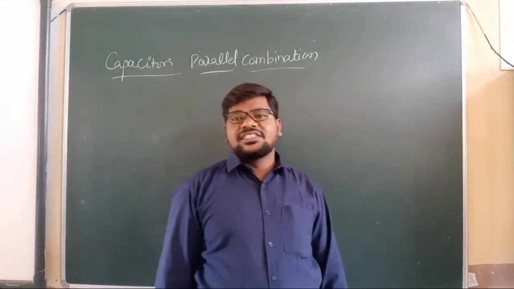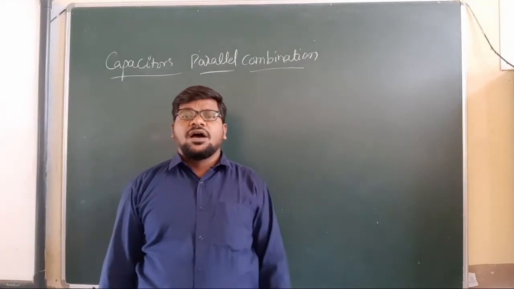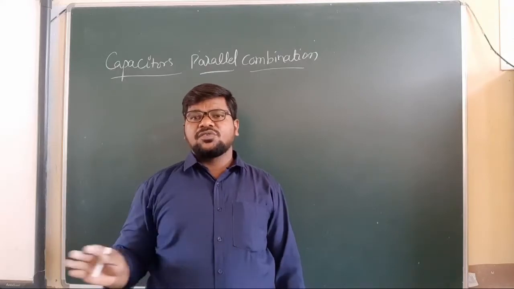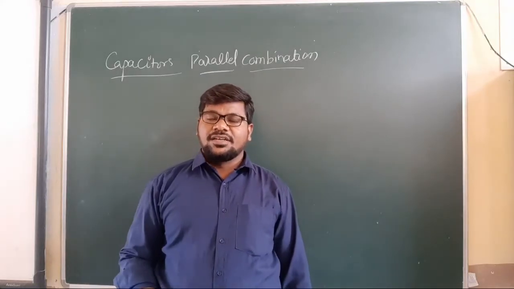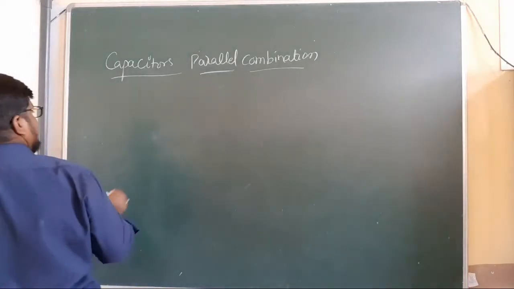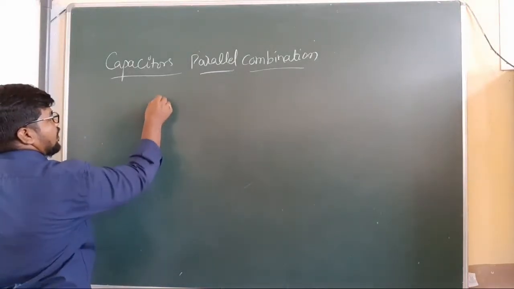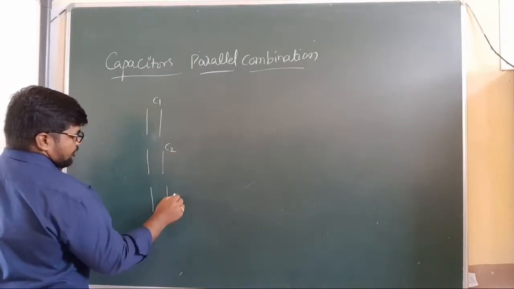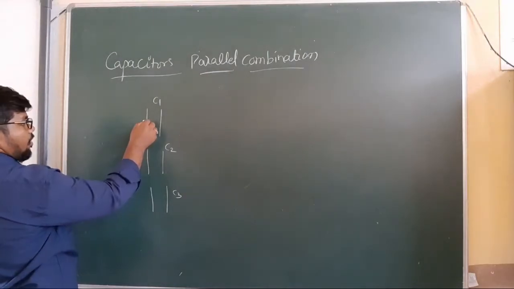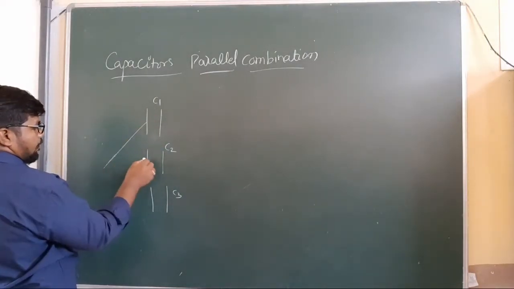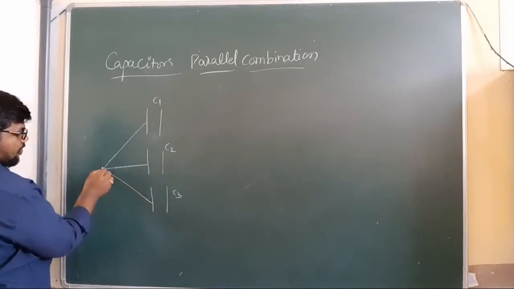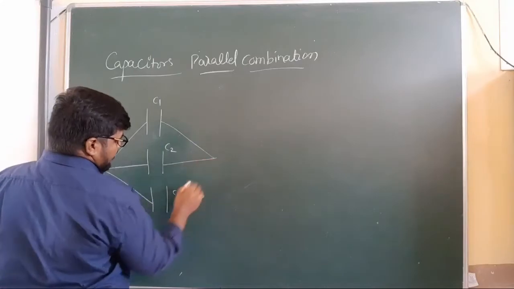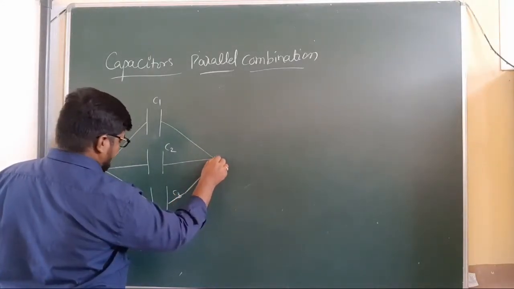A parallel combination is a type of combination in which all positive terminals are connected at one end and all negative terminals are connected at the other end. Consider three capacitors, C1, C2, C3: the three positive terminals connected at one end, and the three negative terminals connected at the other end.